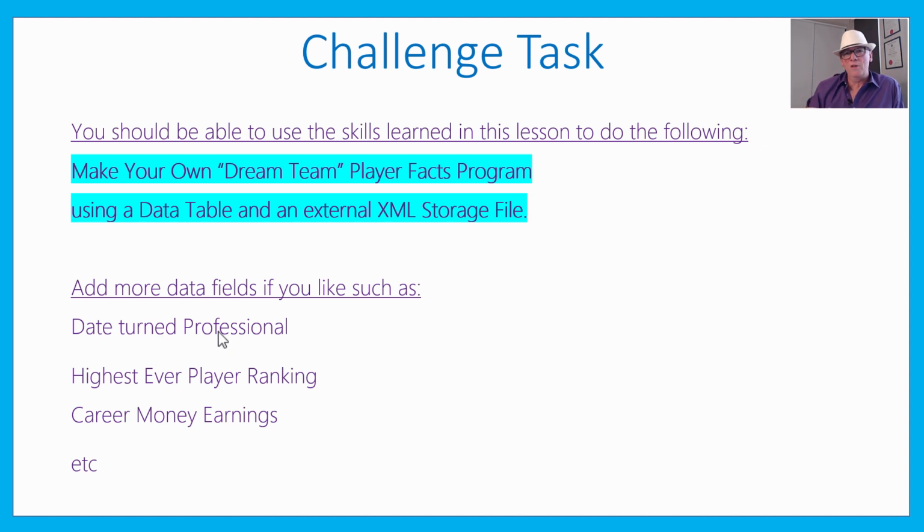Could even be musicians or dancers, or famous Baroque composers like Vivaldi and Bach, whatever it is that you want to do. Your highest ever player ranking and maybe what they've earned so far, their latest career money earnings total. So yeah, you could add a bit more in and have a bit more of a data form and get all of that written out so it's permanently stored in an XML storage file.